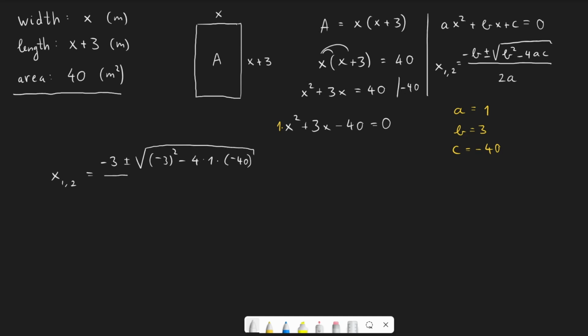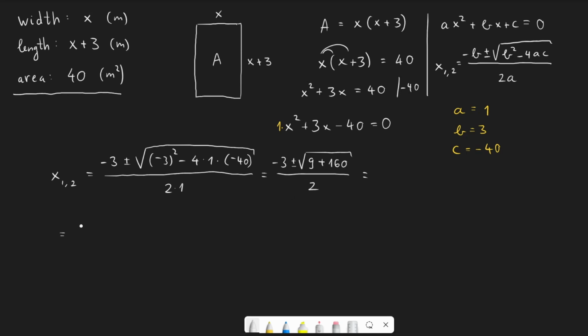And this is divided by 2a, which is 2 times 1. So minus 3 plus minus, square root of, 3 to the power of 2 is 9. And minus 4 times 1 times minus 40 is plus 160, and this is divided by 2.